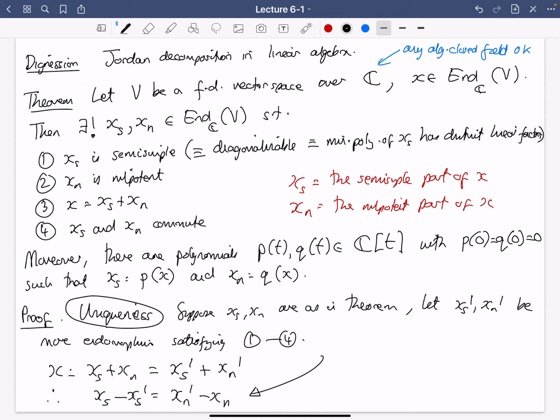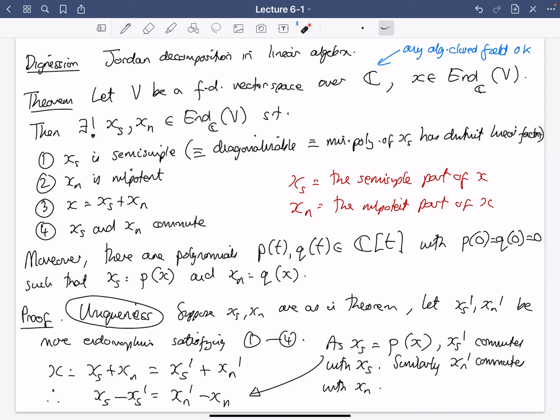Now I'm going to observe that as xs is some polynomial in x, and xs prime commutes with x by properties 3 and 4, xs prime commutes with xs. Similarly, xn prime commutes with xn.